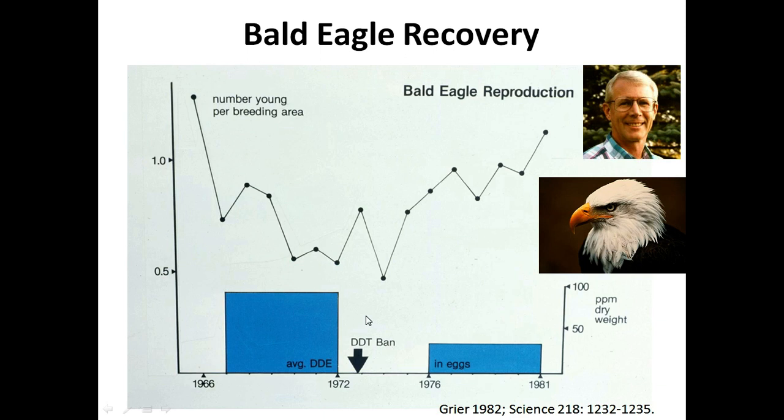Before the DDT ban in 1973, the average DDT amount in eggshells is pretty high compared to after the ban, and you can see a rapid decline of the bald eagle population, a direct correlation between DDT concentration and the population decline of bald eagles.